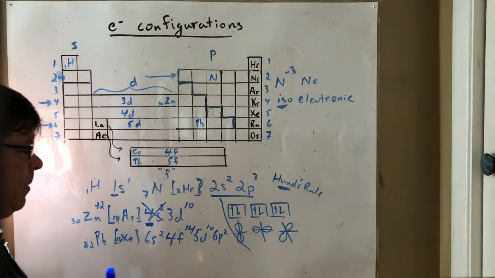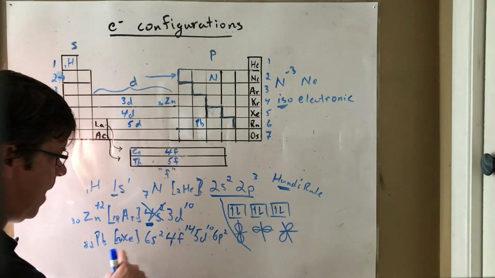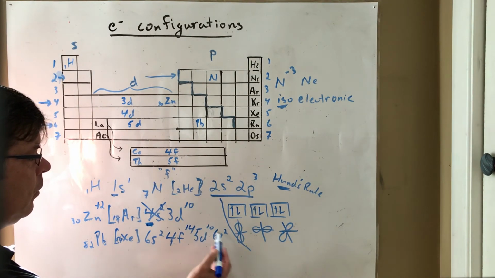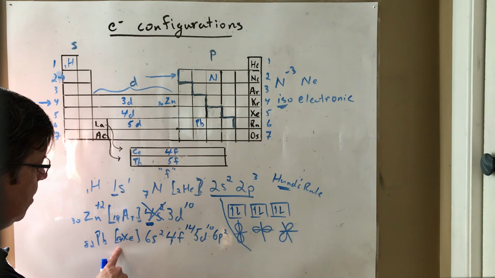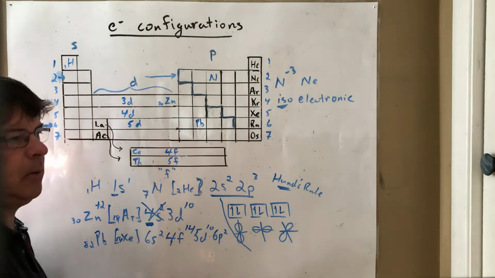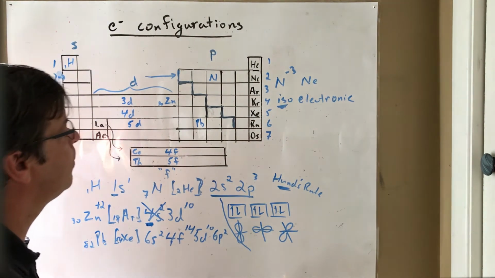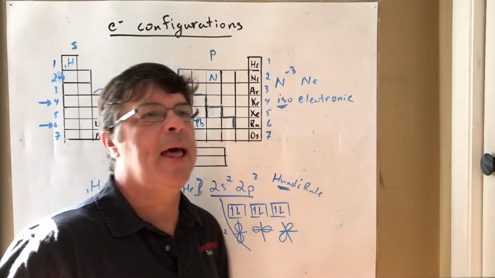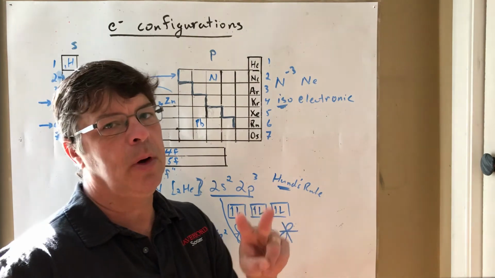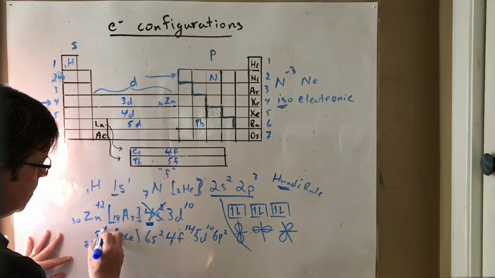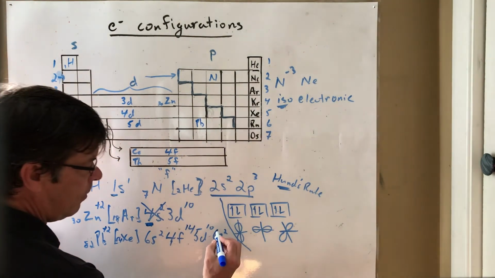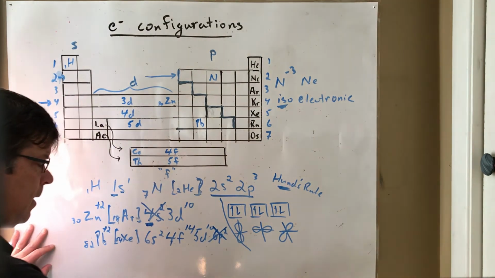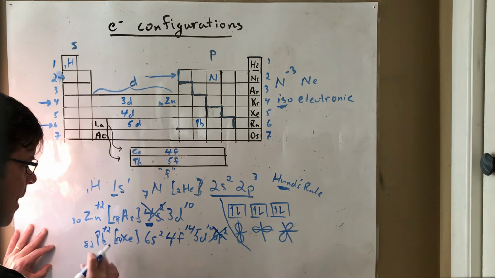All right, if we add that up, that should be 82. So we've got 26, 27, 28, plus 54, that's 82. Okay, let's think about the lead ion. Lead has 2 ions, plus 2, plus 4. If we make it plus 2, we would get rid of these. Look at the highest energy level. We get rid of these, okay? And that's plus 2.